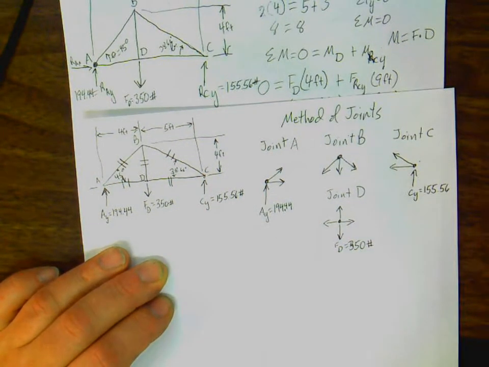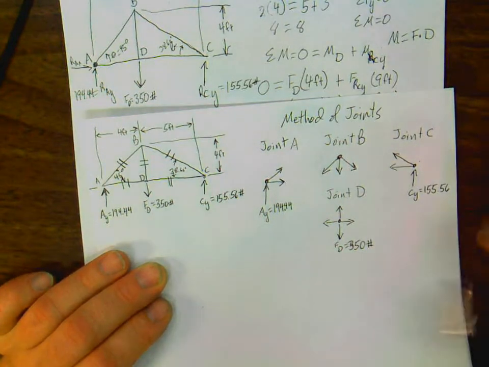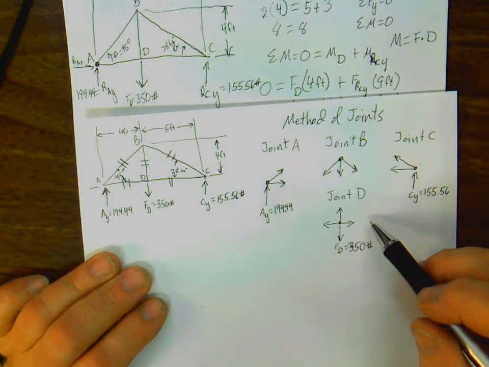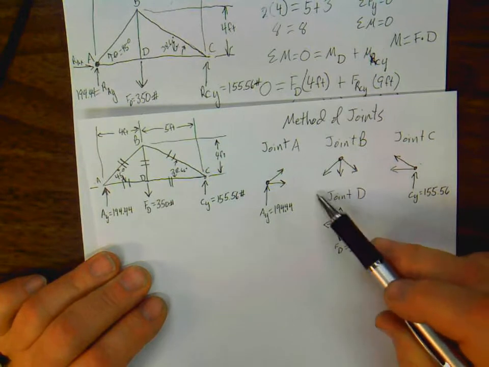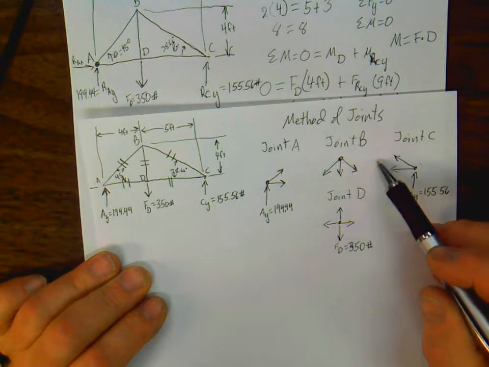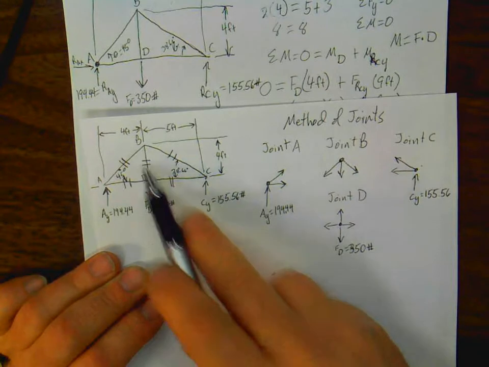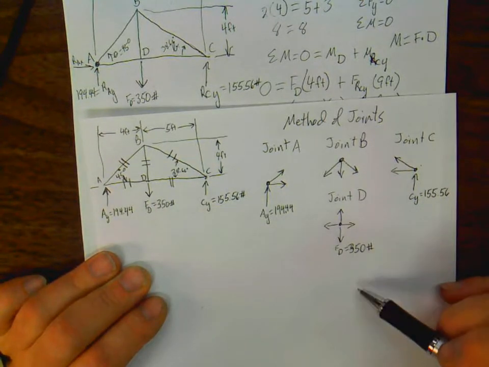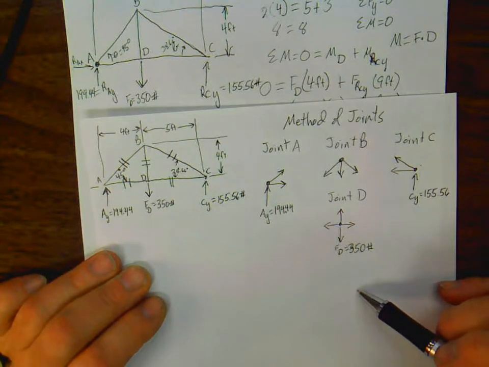You've got your free body diagrams, you've broken apart each of these joints in the truss, and you've got to decide, where am I going to start first? Well, the first thing to start with is probably going to be the simplest joint, or the one where you have the least amount of forces to calculate. So in our case here, that's going to be either joint A or joint C.